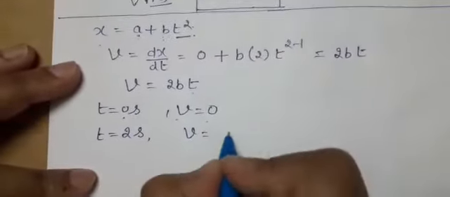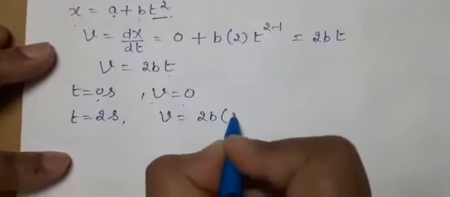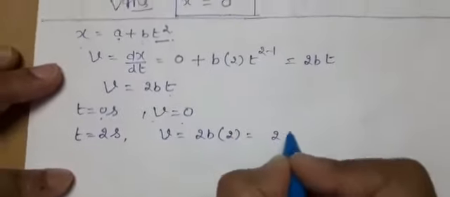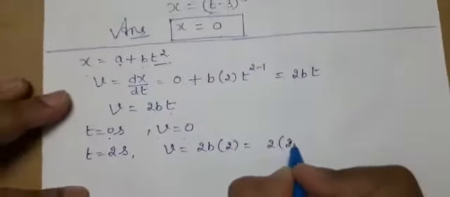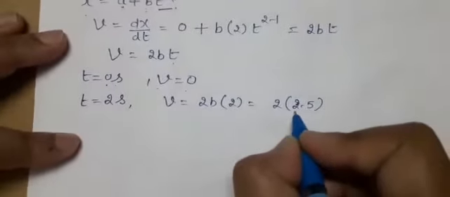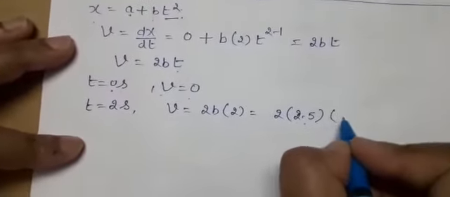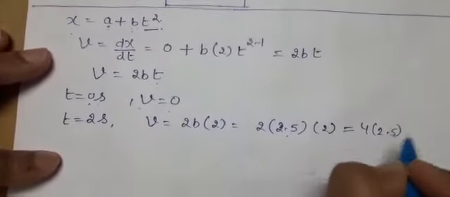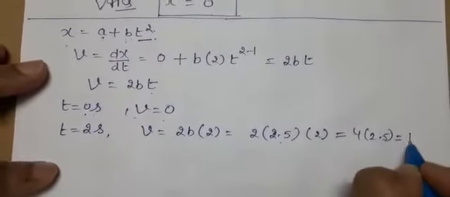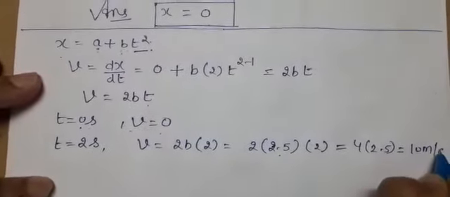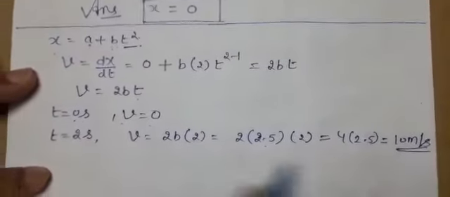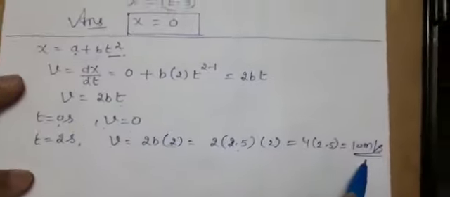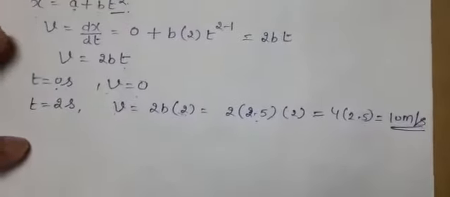So you will substitute t to be 2 seconds, as well as the value of b, that is given to be 2.5. On solving, this is 4 into 2.5. This you can directly take as 10 meter per second. Because we are calculating velocity, its unit is meter per second.